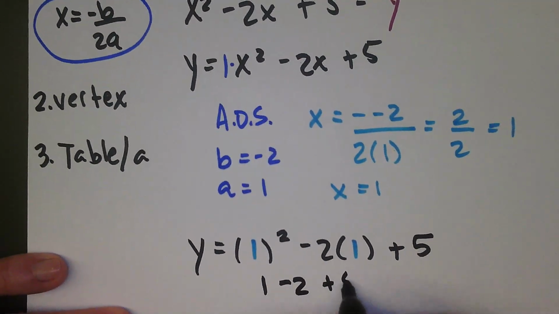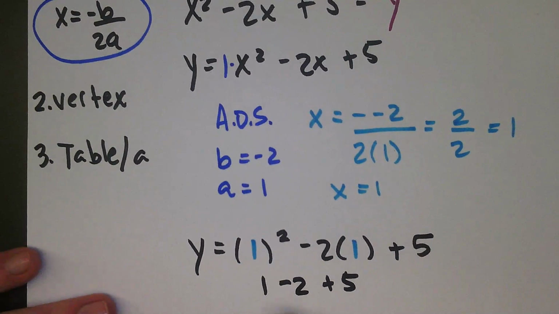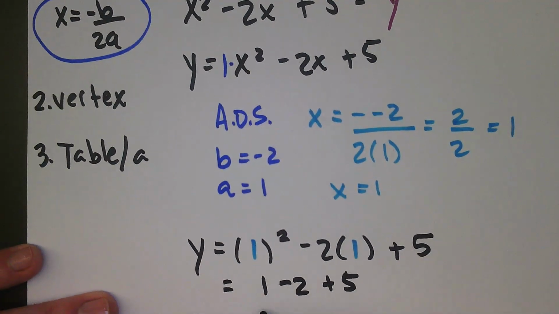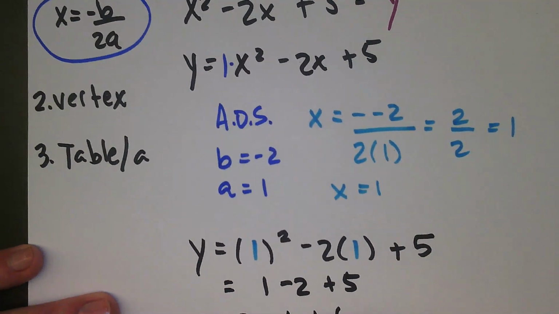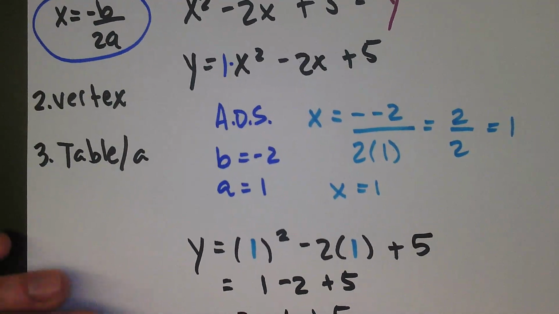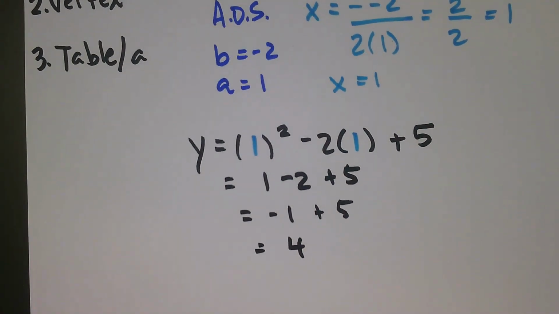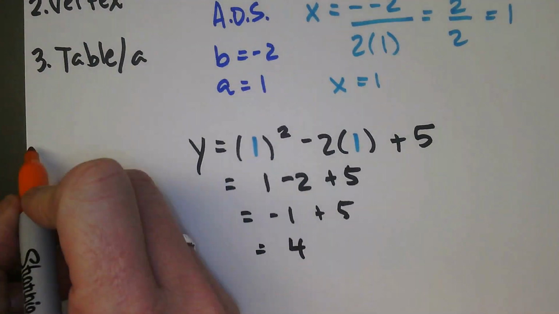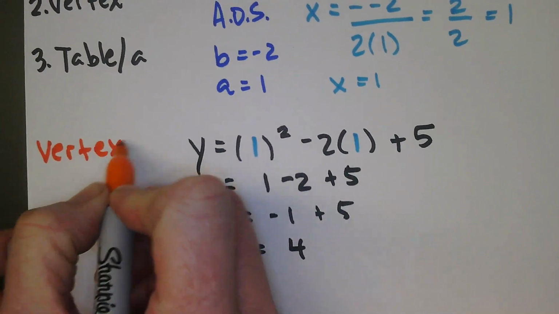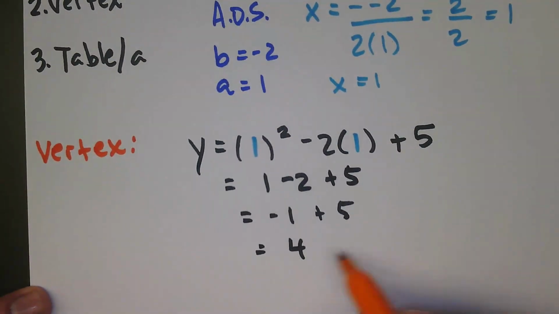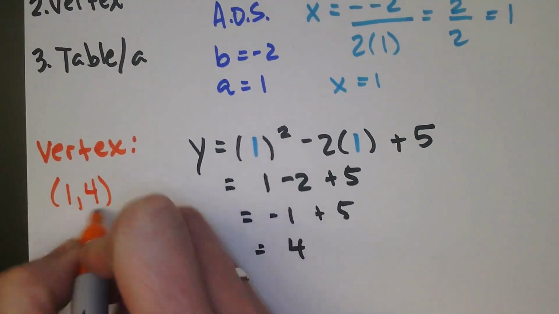I could certainly use a calculator. -1 plus 5. Oh, I'm writing where you can't see. I just did all the math there, right? Plugged it in. And now I have my vertex. So my vertex is that coordinate, the x value paired with this y value, 1, 4.